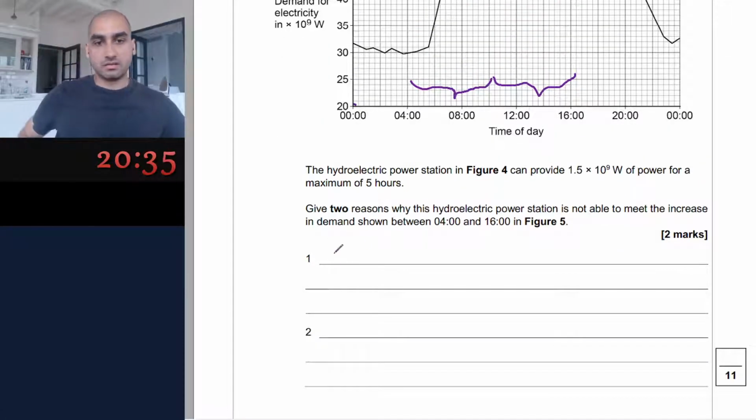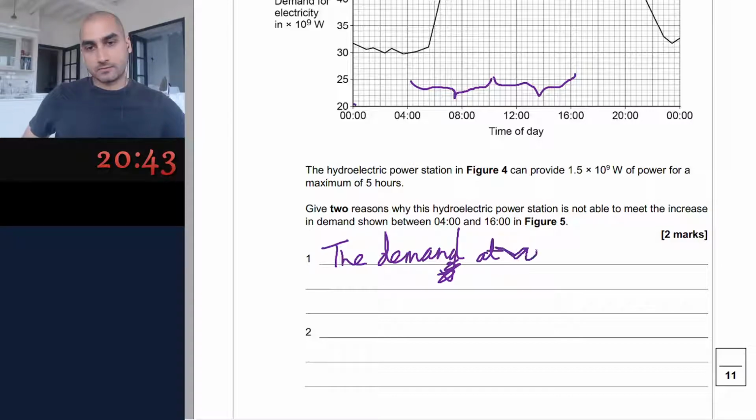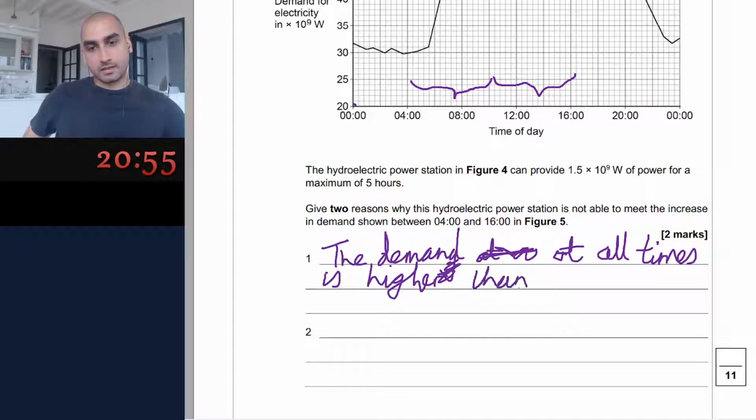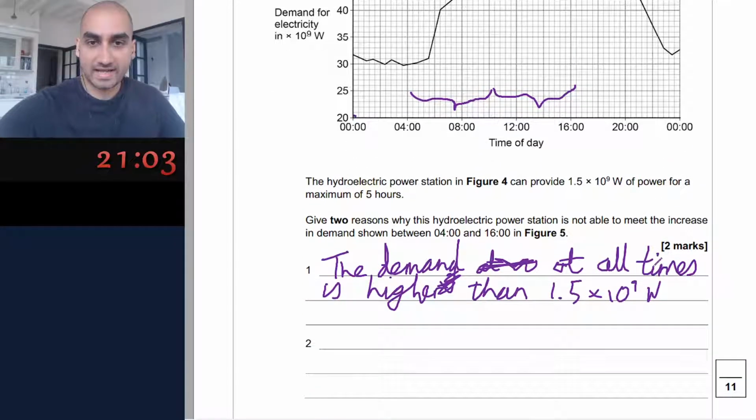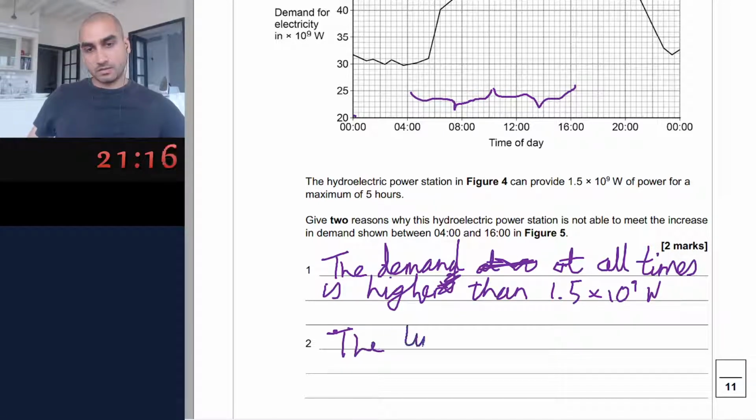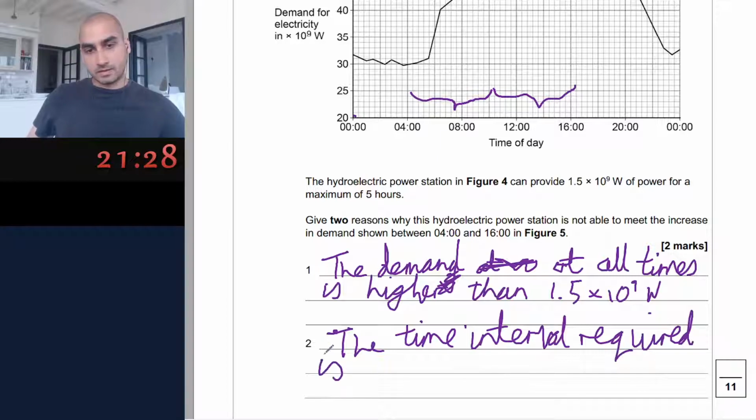Okay, should I just say the demand at all times is higher than 1.5 times 10 to the 9 watts, and the time interval required is 10 hours more.